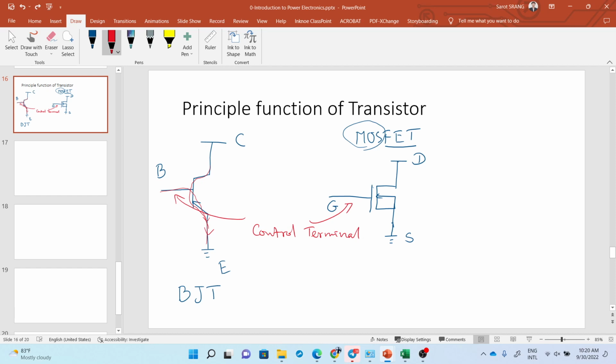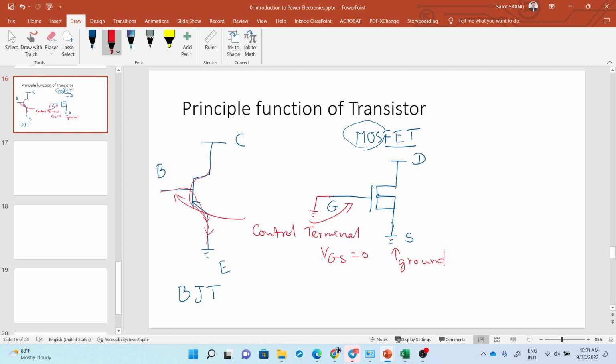And so the principle of the function is that when you do not apply voltage between G and S, let's say, because this is ground, the symbol means ground. So if VGS is connected to ground also, it means the voltage between G and S, in this case, VGS equals 0.